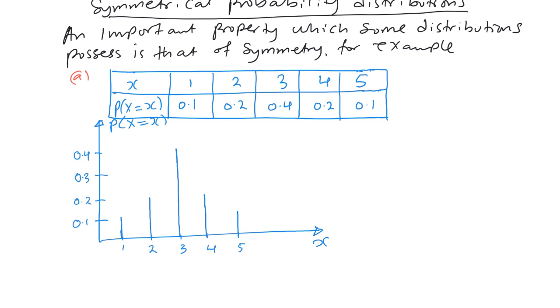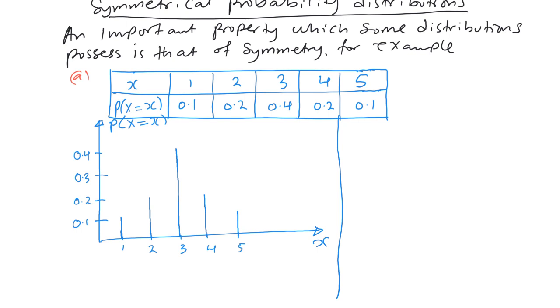In this case, you can see that 3 has the highest probability. Let me write here, try to economize my space and see if I explain the point to you.